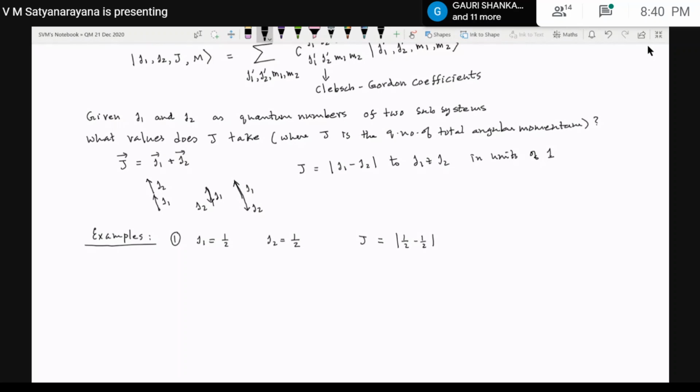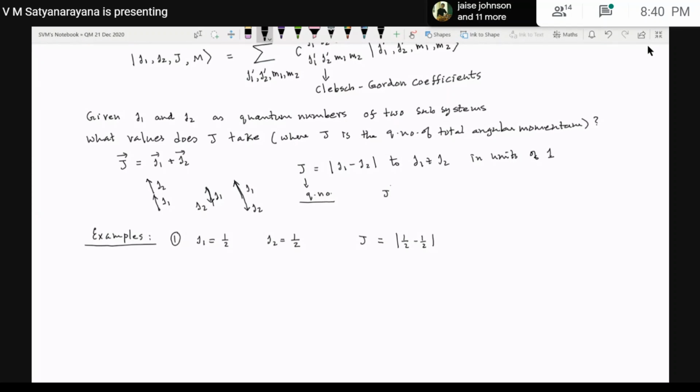Sir, this J from modulus of J1 minus J2 to J1 plus J2, this is not the eigenvalue of J, right? This is basically the quantum number. That means it is related to the eigenvalue.